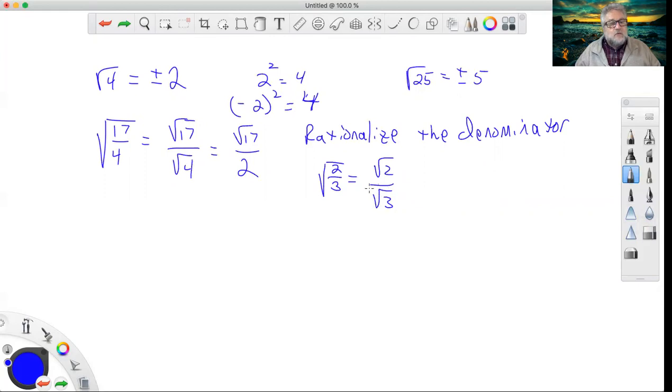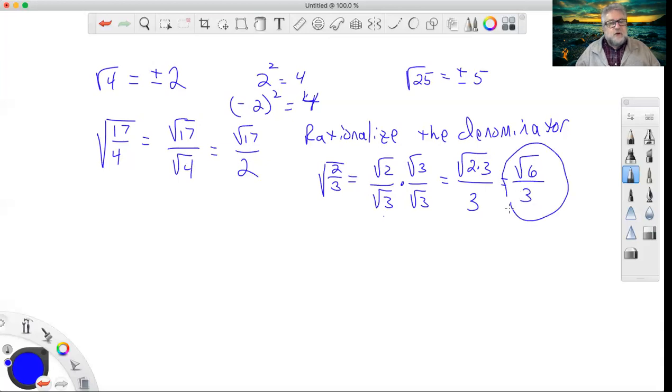The way we get rid of the square root of 3 is we multiply by square root of 3 over square root of 3. What will we get down here in the denominator? Square root of 3 times square root of 3 is just 3. And up here, we'll get square root of 2 times square root of 3, which is the same as square root of 2 times 3, which is square root of 6 over 3.